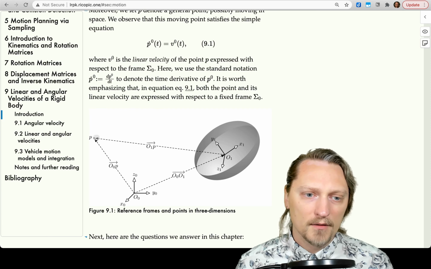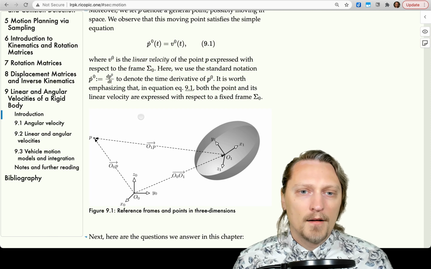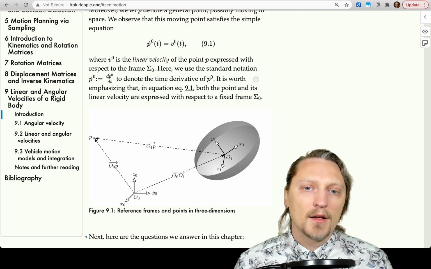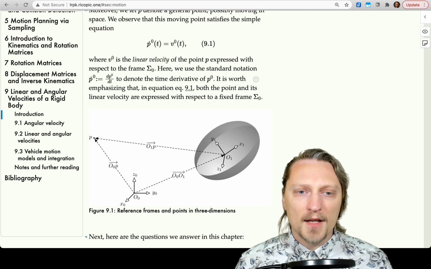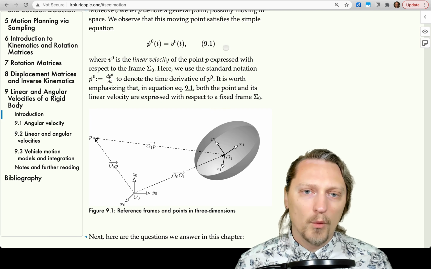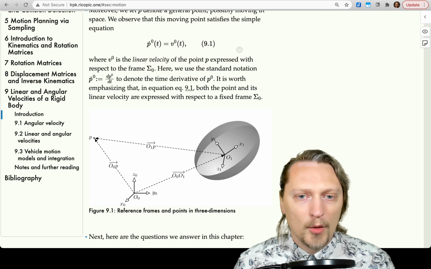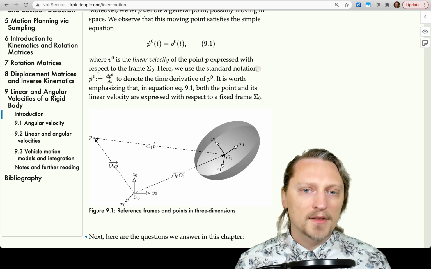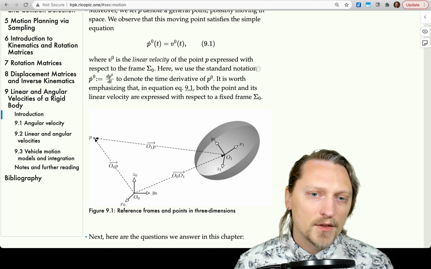Here's point P in the figure. Here we use the standard dot notation to denote the time derivative of P0. It is worth emphasizing that in equation 9.1, this equation above, both the point and its linear velocity are expressed with respect to a fixed frame Sigma 0.